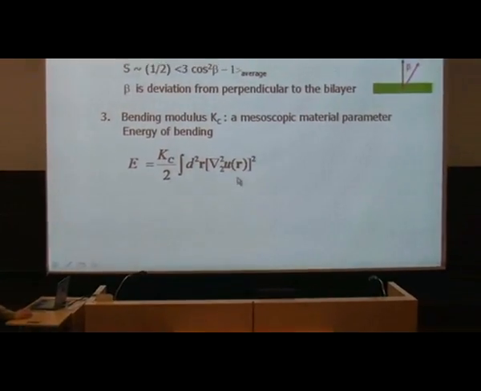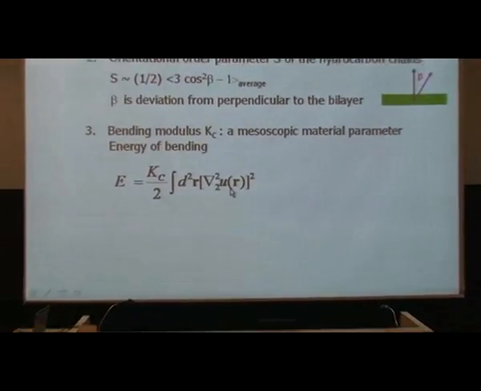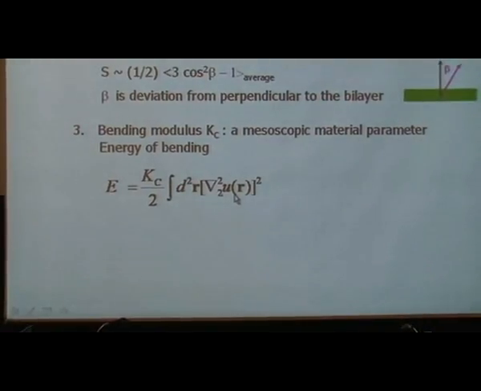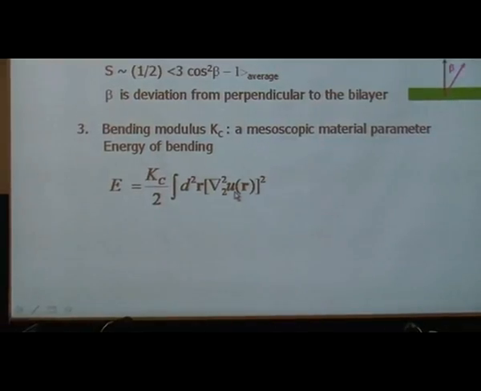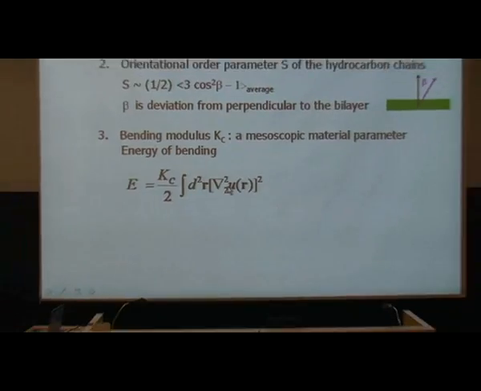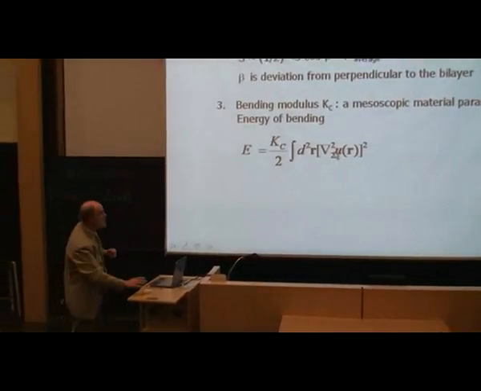Well, the energy: the two-dimensional curvature is the two-dimensional Laplacian of u, where u is the deviation from flatness. The energy can't depend upon whether it's curved this way or that way, so the lowest order energy contribution comes from the curvature squared.